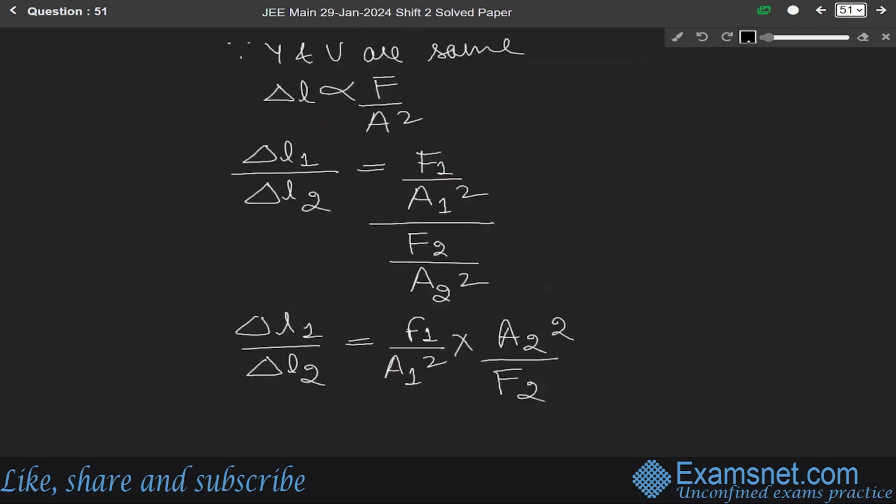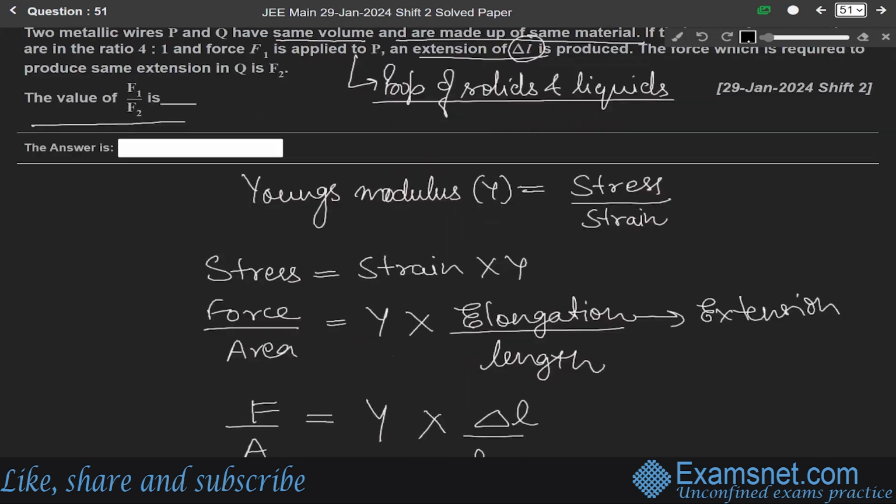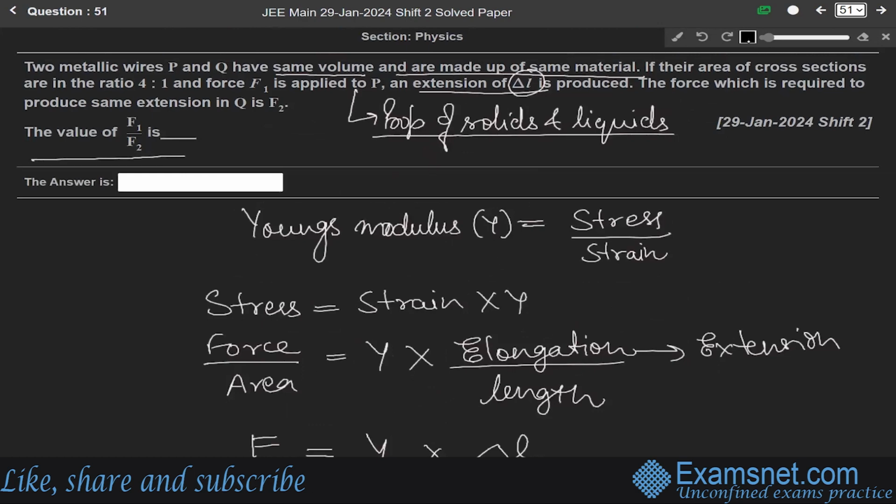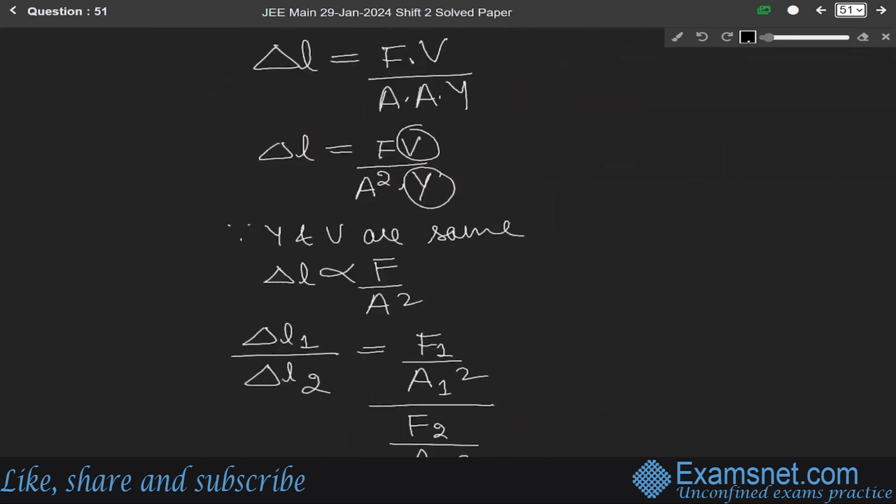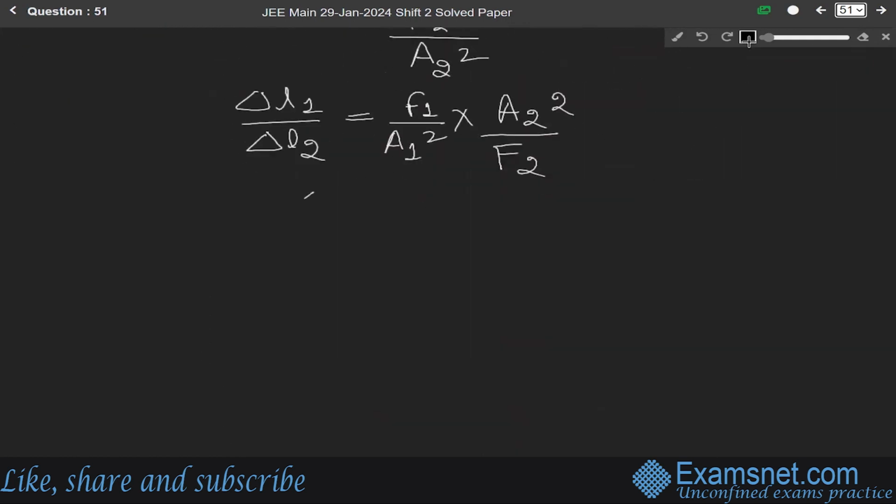Now, according to the question, if their areas of cross section are in the ratio 4:1 and force F1 is applied to P, an extension of delta L is produced. The force which is required, we have to find the force now. So according to this question, the extensions are the same, delta L1 equals delta L2.